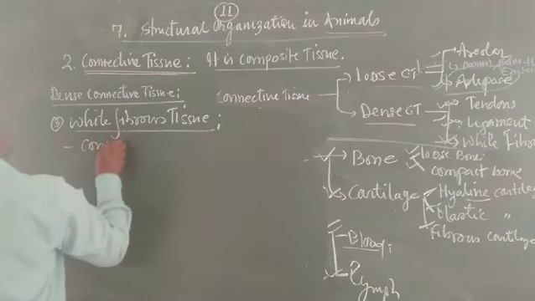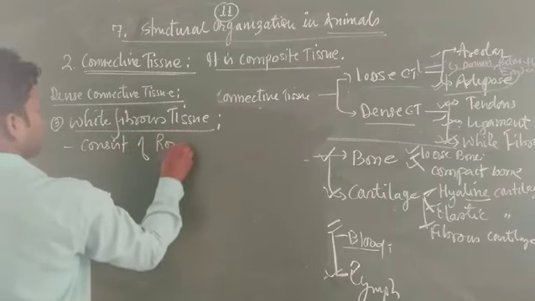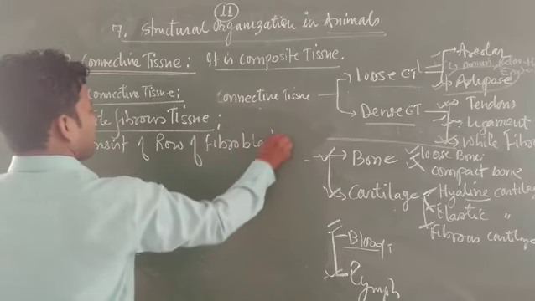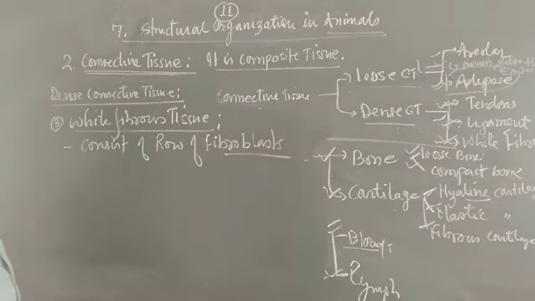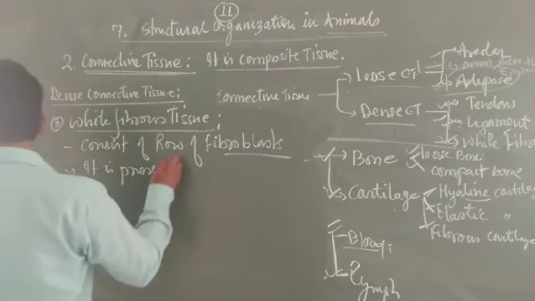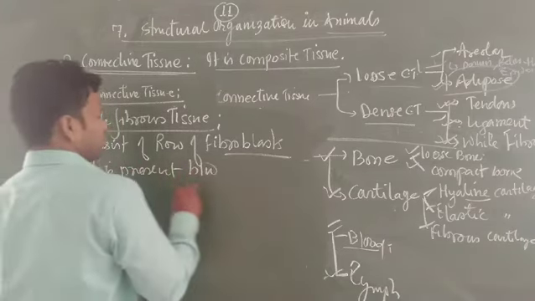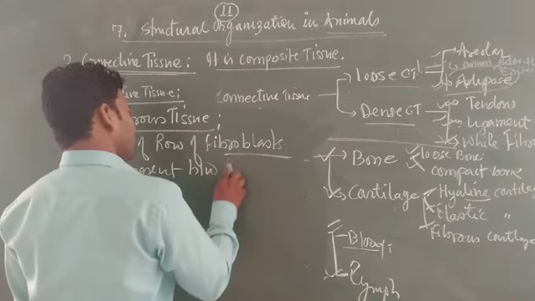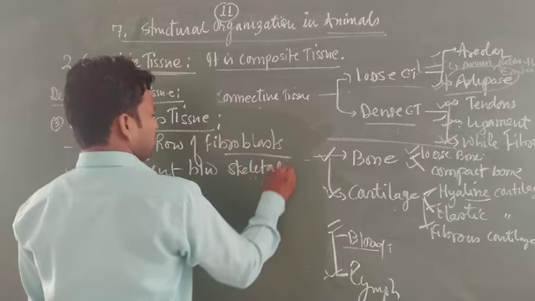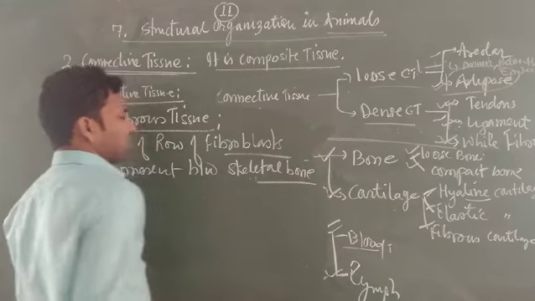Fibroblast is a type of cell that is present in this connective tissue, called white connective tissue, and it is generally present between the skeletal bones.